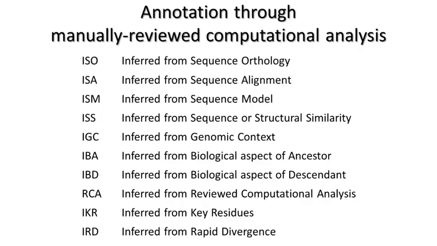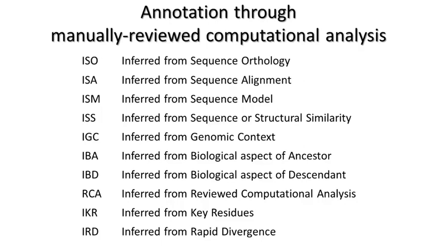Next, we have RCA, inferred from reviewed computational analysis. This is different from the above in that this refers specifically to analysis of large-scale experimental datasets or integration of datasets of several types.